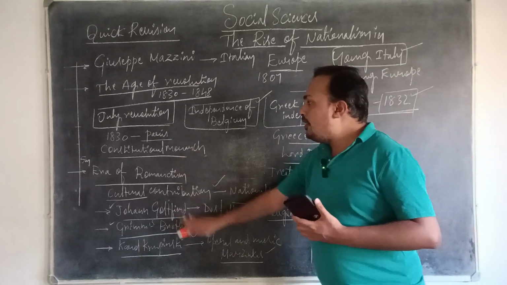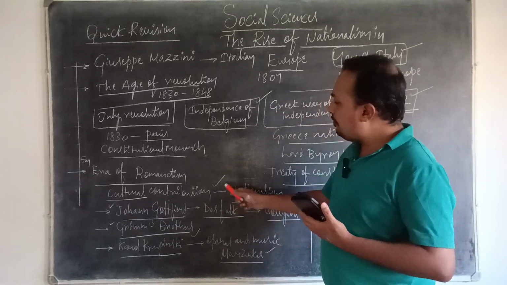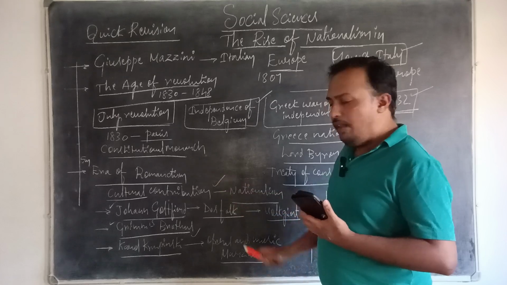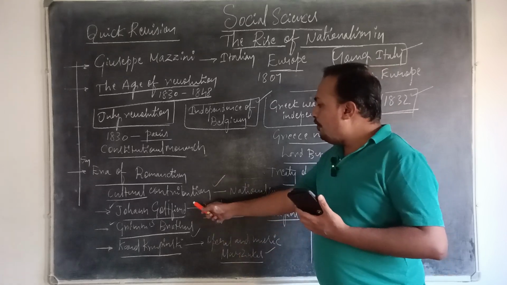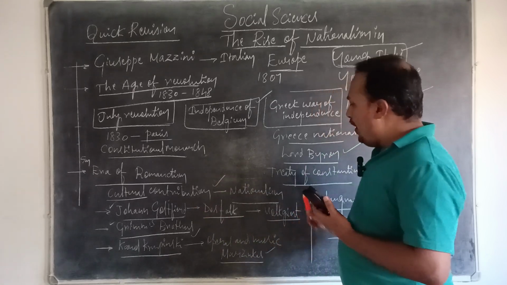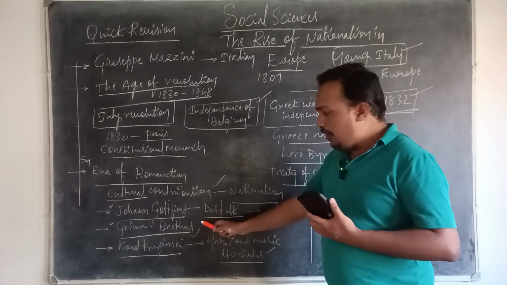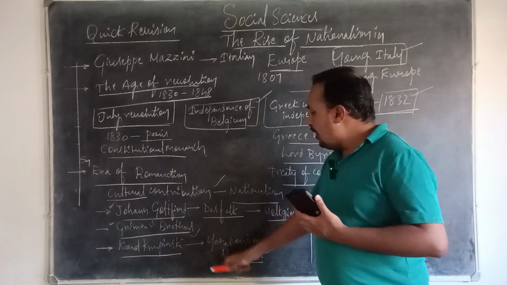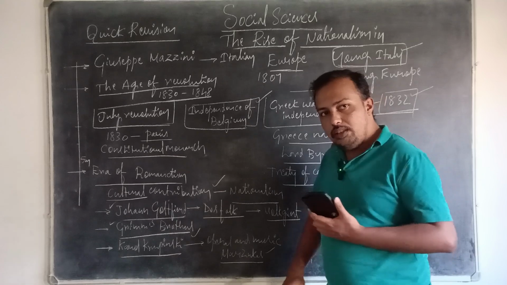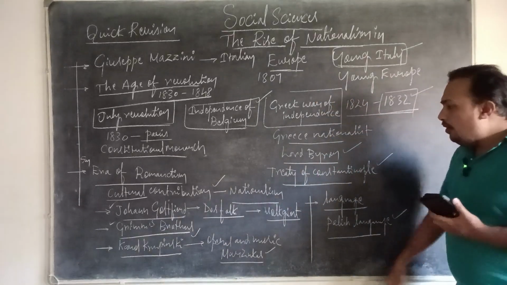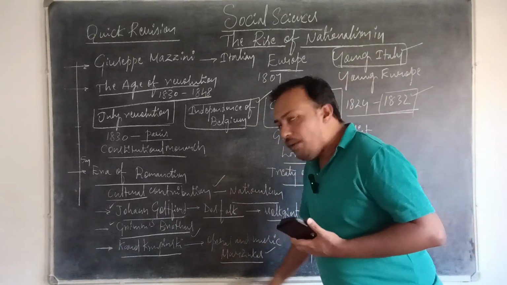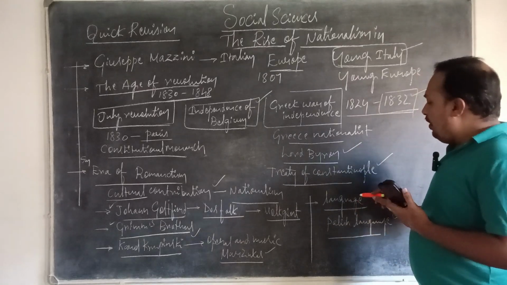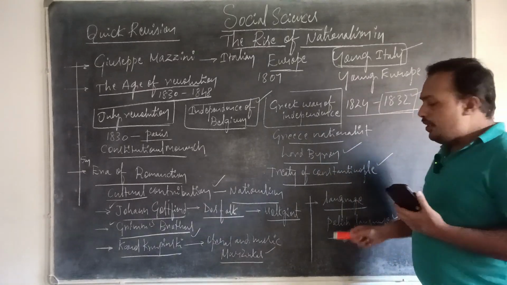So these are the key points related to the era of Romanticism. Cultural contribution for the evoke of nationalism. Johann Gottfried Herder, Volksgeist, Grimm's brothers collected the fairy tales. Karol Kurpinski, operas and music. Mazurkas are very important to recognize. Often they will ask these Mazurkas in multiple choice questions. And language, which is the language?